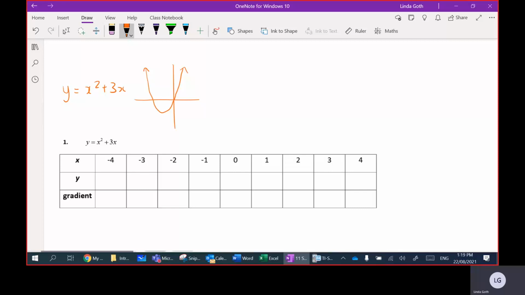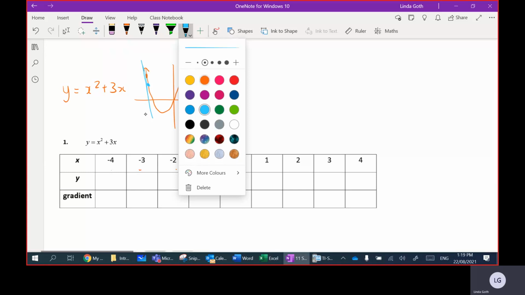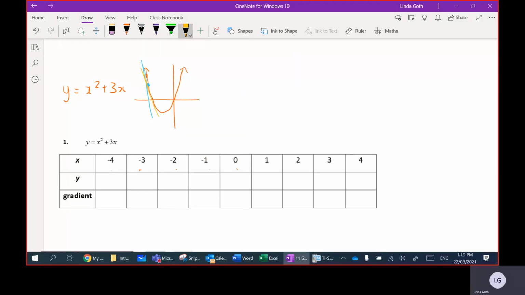And what we're going to do is have a look at what's happening at all these different points on that curve. So we're going to have a look at the point where x equals minus 4. We're going to get our calculator to tell us what the tangent looks like at that point. We're going to look at x equals minus 3, and we're going to get our calculator to tell us what the tangent looks like at that point, and so on.